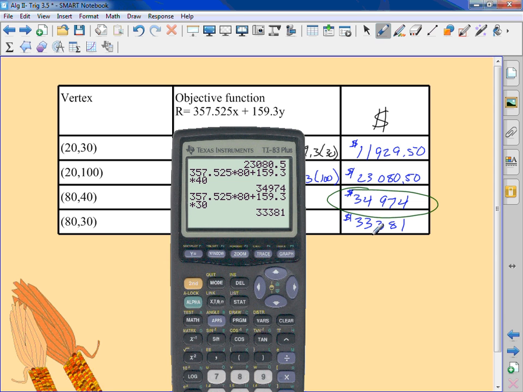So by doing this, the farmer should grow 80 acres of corn and 40 acres of wheat. This is going to make him the most amount of money. That's the answer.